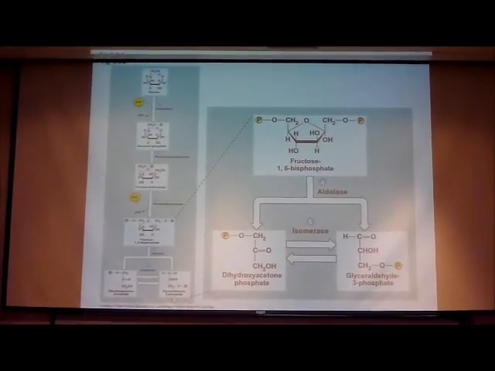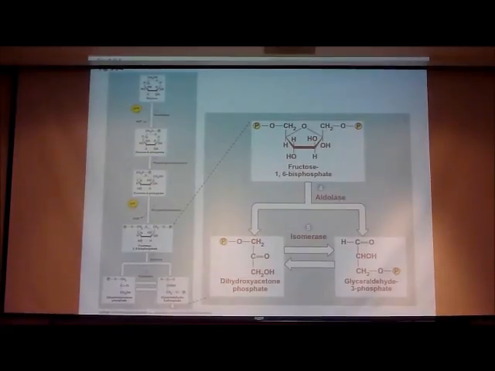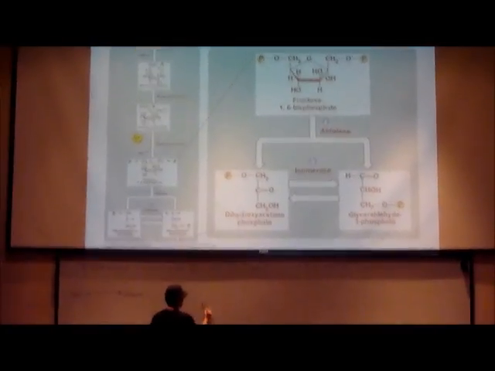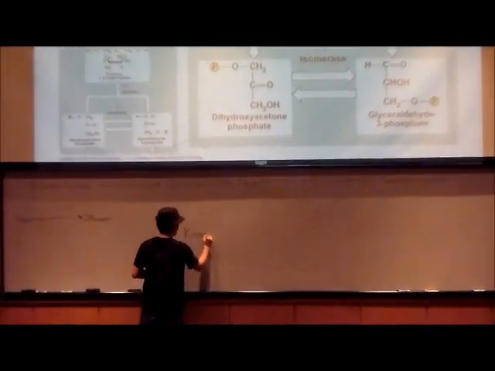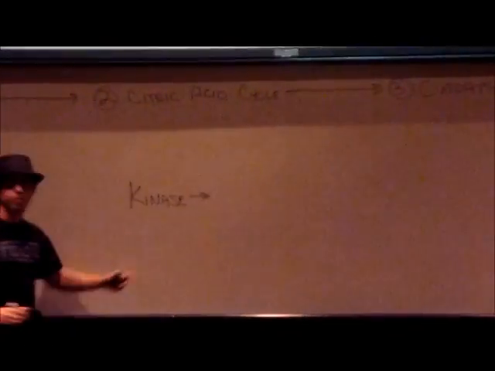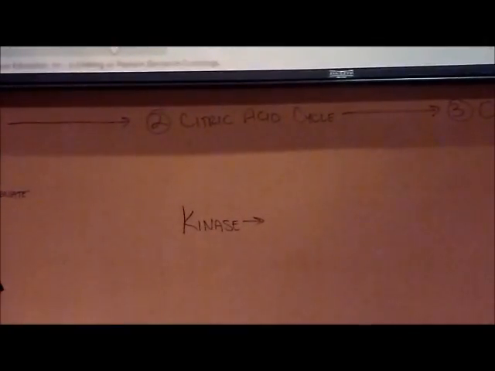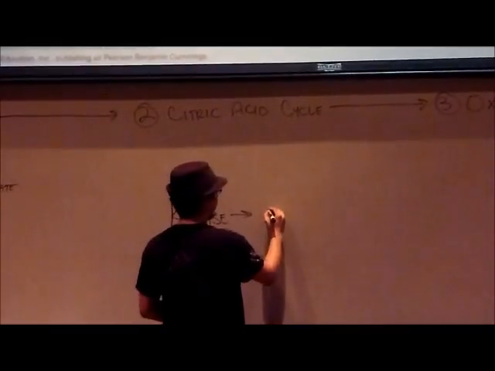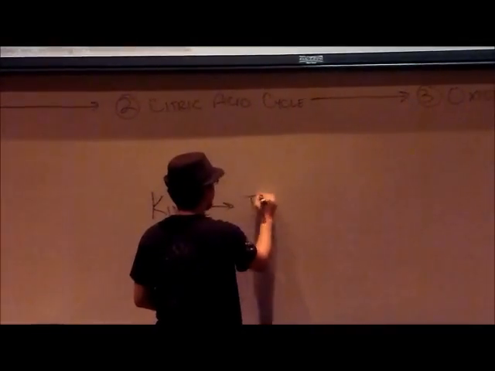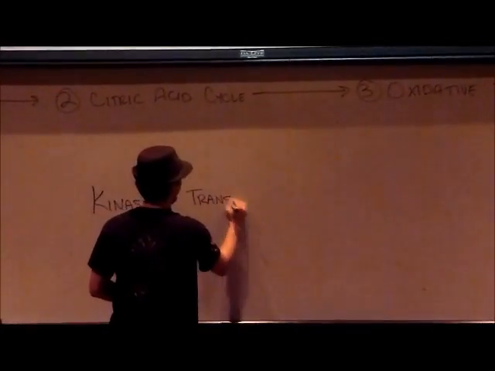And I will tell you, and you need to know this even beyond this class. Anytime you see the word kinase, first off, we know it's an enzyme because it ends in ase. But kinases specifically are enzymes that transfer phosphate groups.